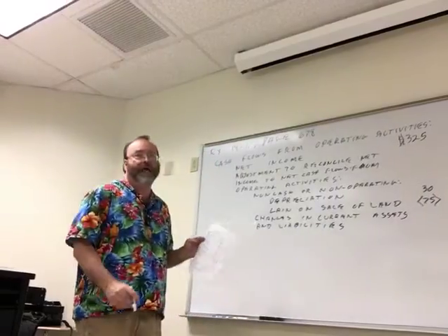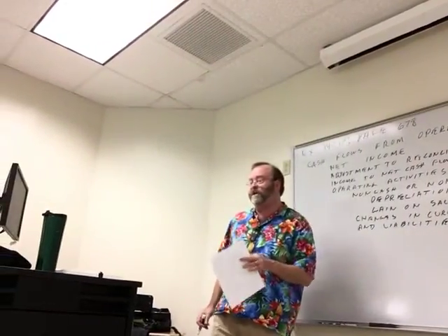Changes in the current assets and liabilities section of the balance sheet. Starting with the current assets. And they've only got two. They've got accounts receivables and they've got inventory. Because remember, current assets are cash, what you're going to turn into cash, what you're going to sell, and what you're going to use up.